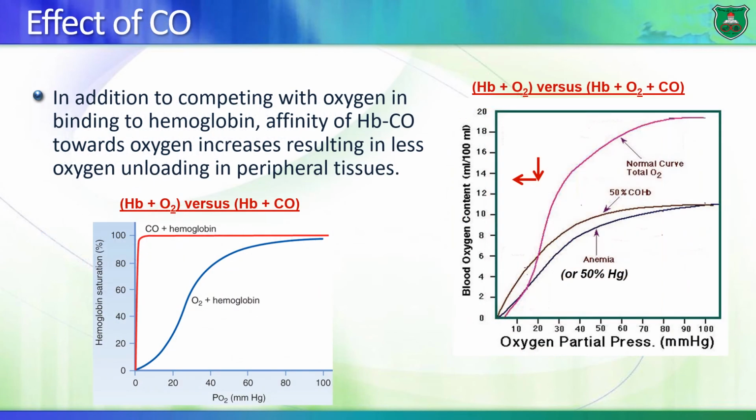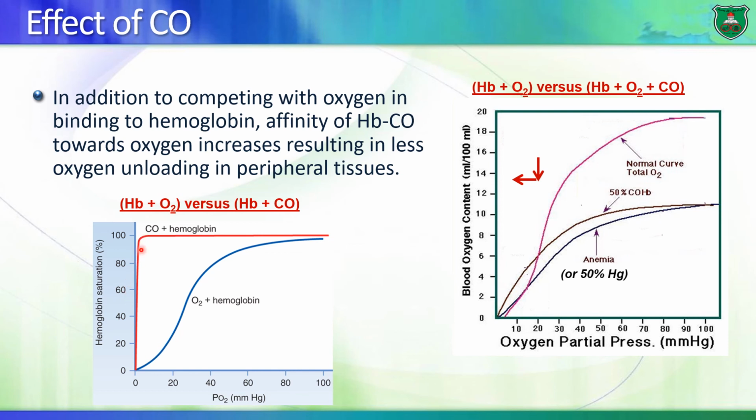And there is also an effect for carbon monoxide. Remember we said that carbon monoxide is toxic, right? It's fatal. And the reason is that it has very high affinity for hemoglobin relative to oxygen. So that's the oxygen saturation curve for hemoglobin, and this is the curve for carbon monoxide.